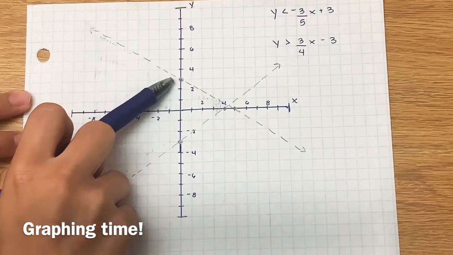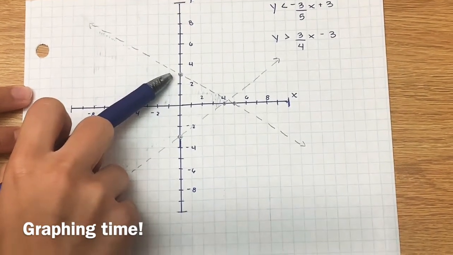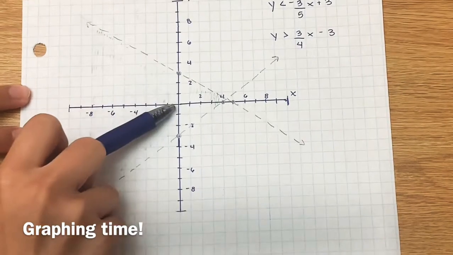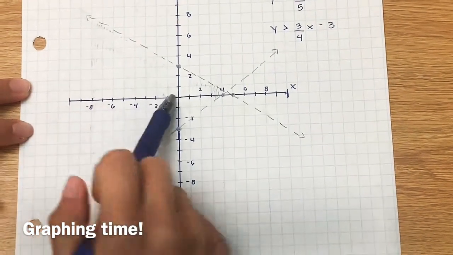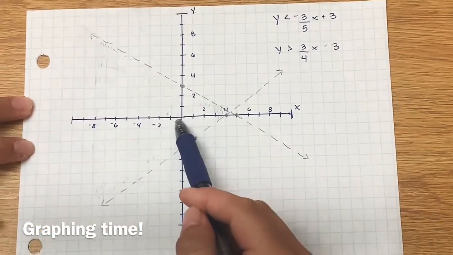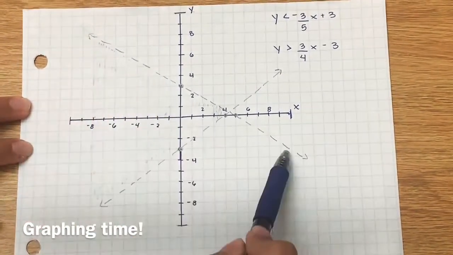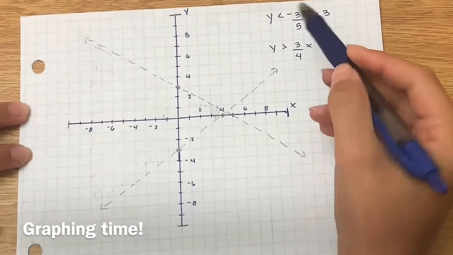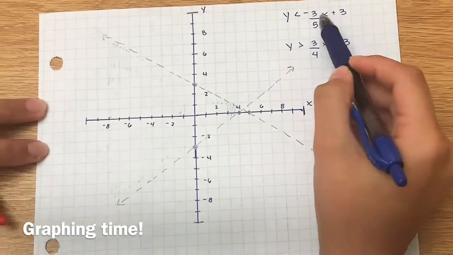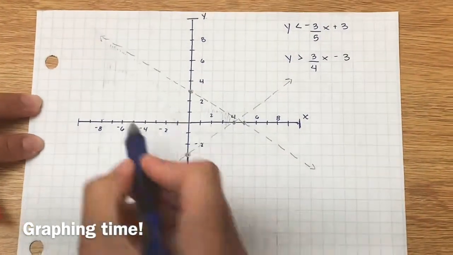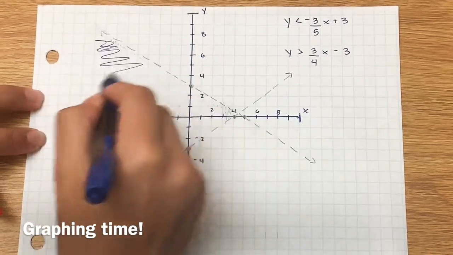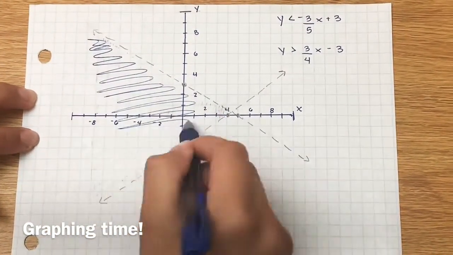And then you're going to go down 3 times because it's a negative 3. So 1, 2, 3. And then because it's a positive 5, we're going to go to the right 5 times. So 1, 2, 3, 4, 5. And then you'll draw your line through there. And then because it's y less than negative 3 over 5, you're just going to shade under that line.